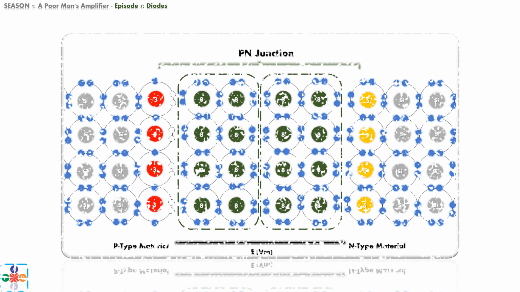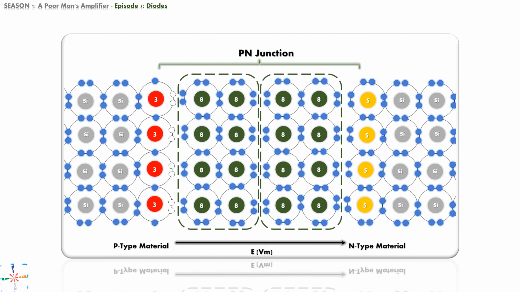From the previous episode, we have learned how P and N-type materials are made by doping a silicon or germanium crystal lattice with trivalent and pentavalent dopants. As a result of the doping process, a PN junction is formed, and that PN junction is the basis of the principle of how a diode works. As an emergent property of formation of the PN junction, an electric field is formed.